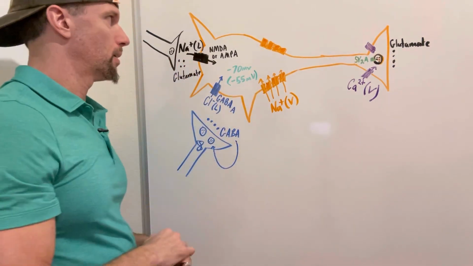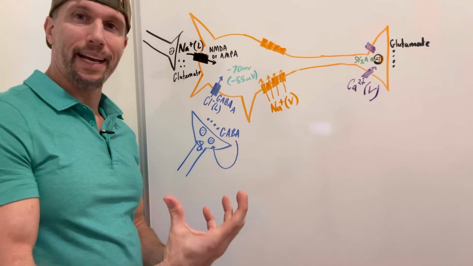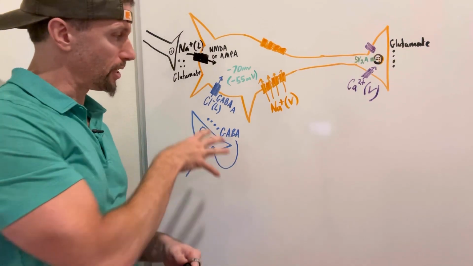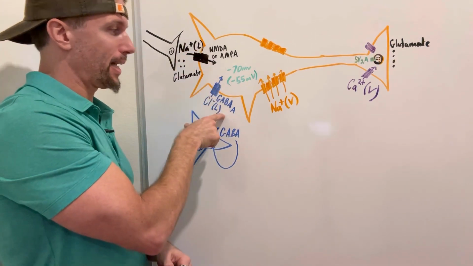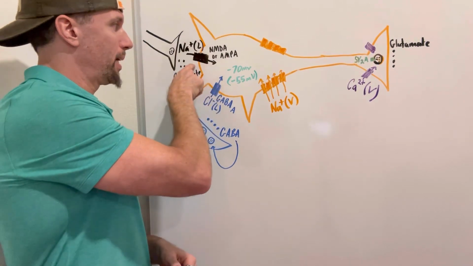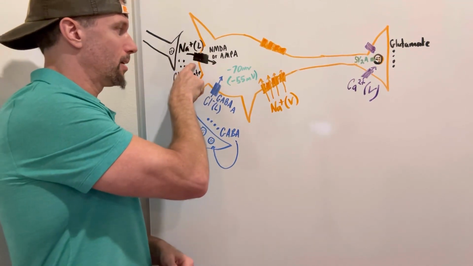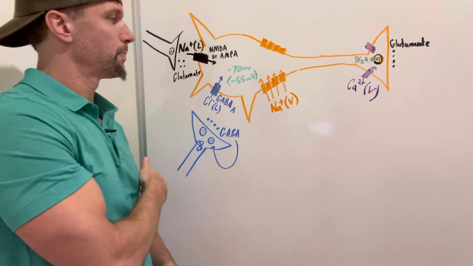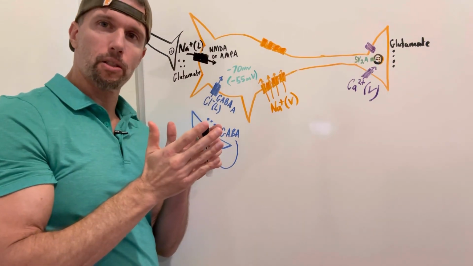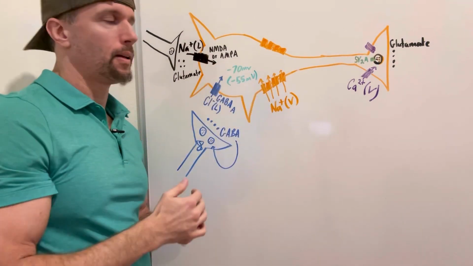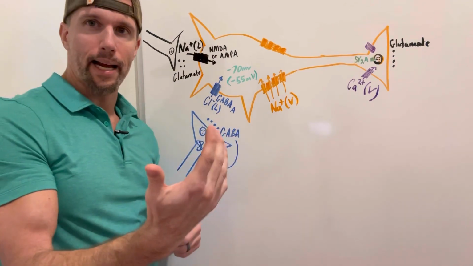You have glutamate up here that's trying to open up some ligand-gated sodium channels. So these are both ligand-gated. The ligand here is glutamate, the ligand here is GABA. Those just open up channels and allow some ions in. That doesn't necessarily create an action potential.